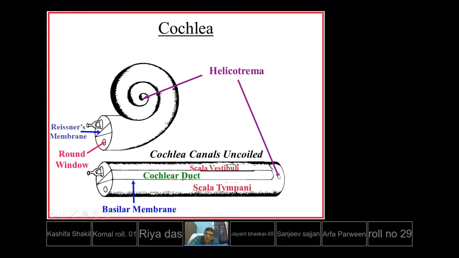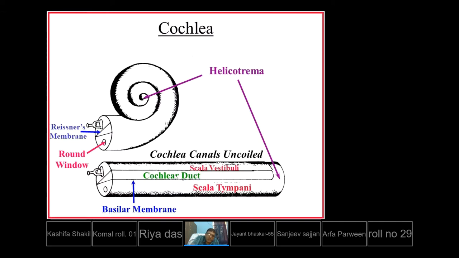That is the helicotrema. And this is the middle chamber, the cochlear duct or scala media. Cochlear duct is another name for the membranous cochlea and scala media. All are the same. So this cochlear duct is a blind tube.